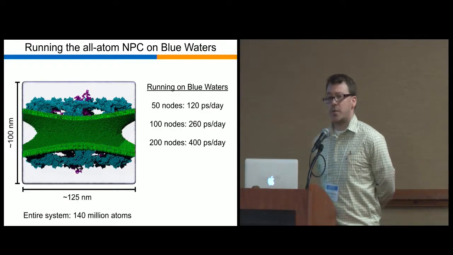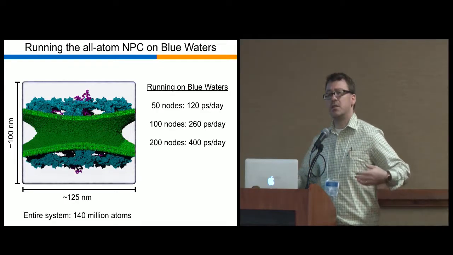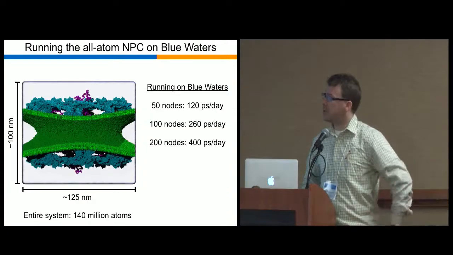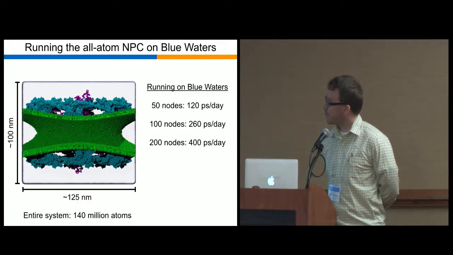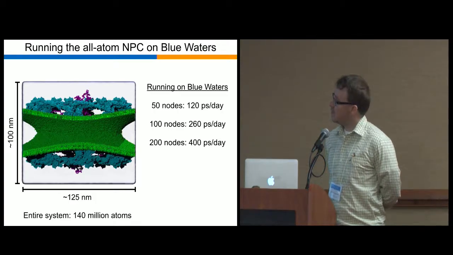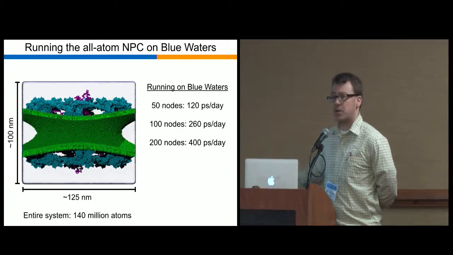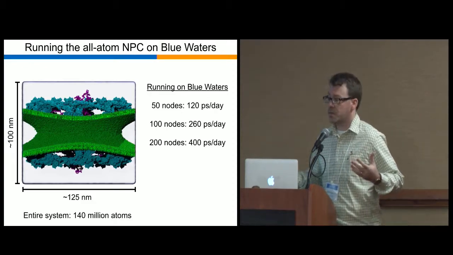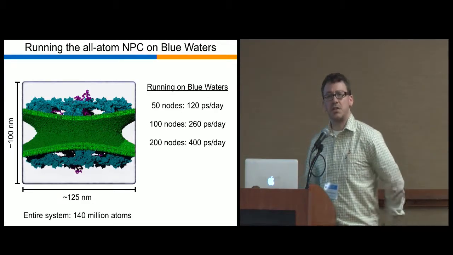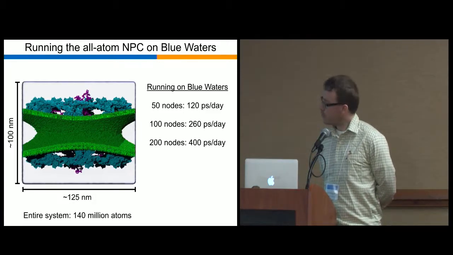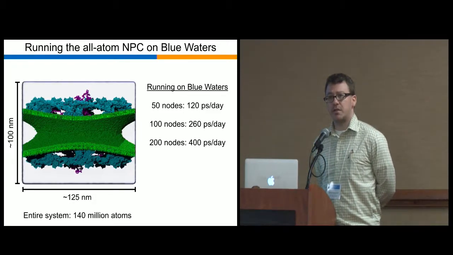We've performed benchmark simulations, and we still need to increase the node count and see what kind of timing we would get there. Even with 200 nodes, which is quite large for a small system, we only get about half a nanosecond per day. So we'll perform more benchmarks to see what's the optimal number of nodes to run this on.